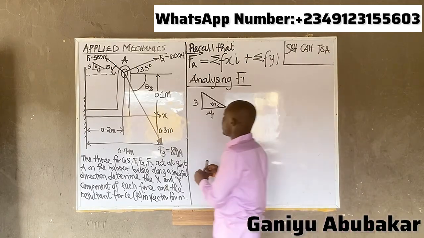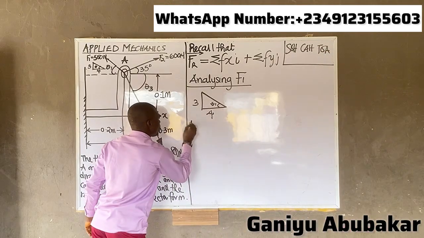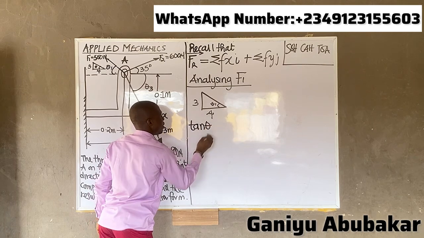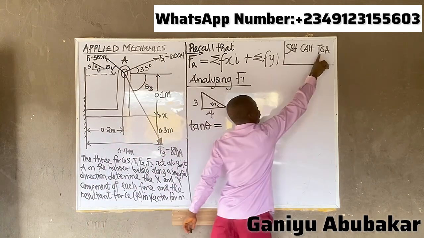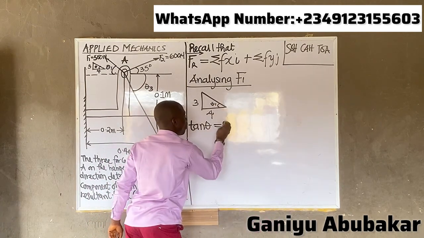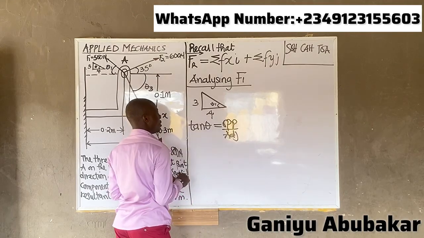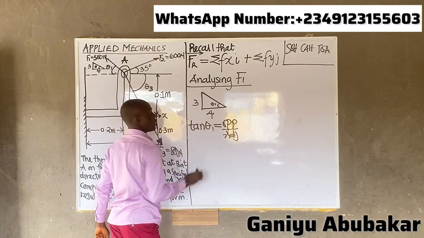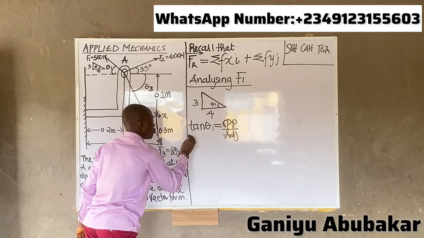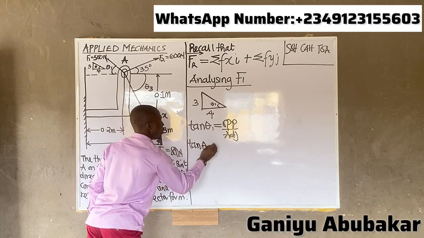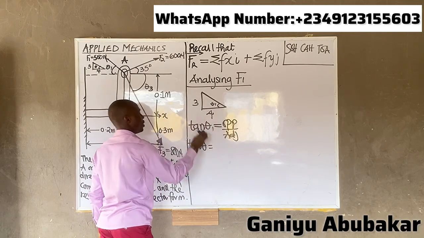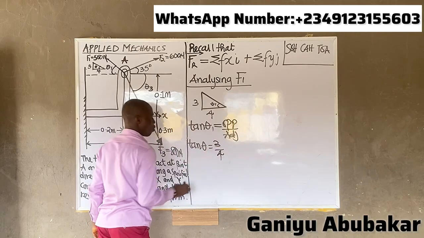So in that case, I'll have tan theta equal to what? Opposite over adjacent. So theta here is theta 1. So put theta 1 here. This gives you tan theta equal to opposite, 3, all over 4.